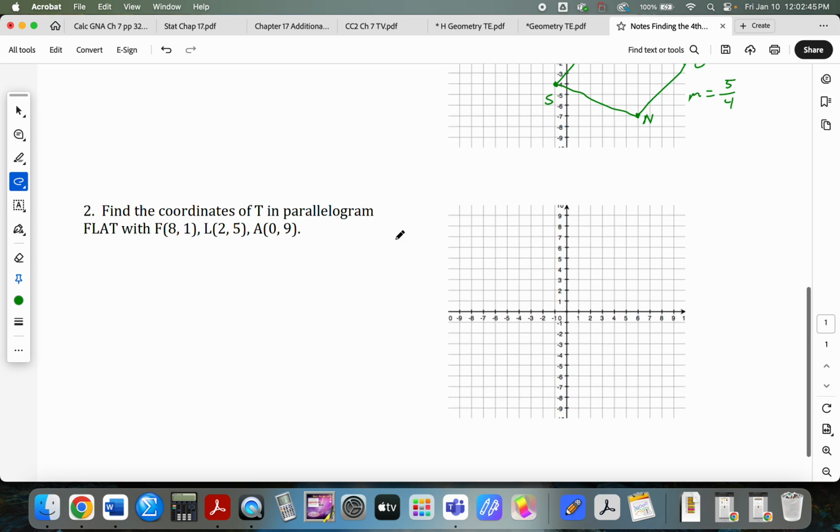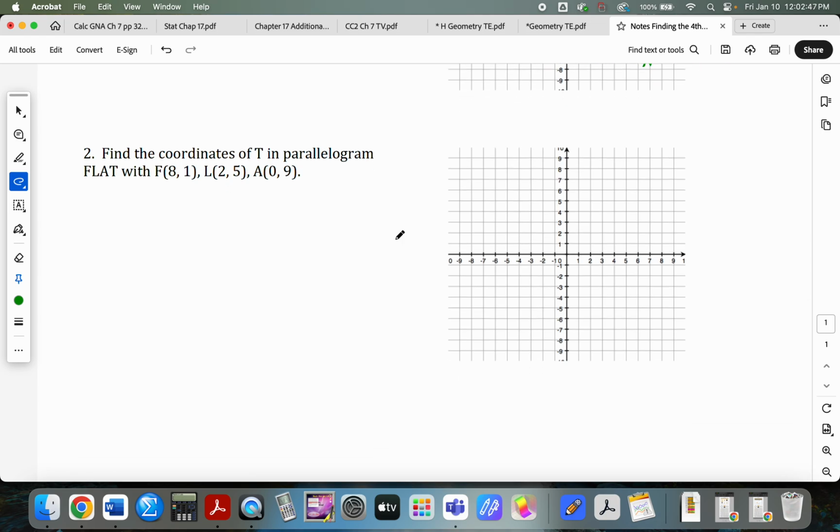All right, let's do this last example. So F is at 8, 1. L is at 2, 5. A is at 0, 9.